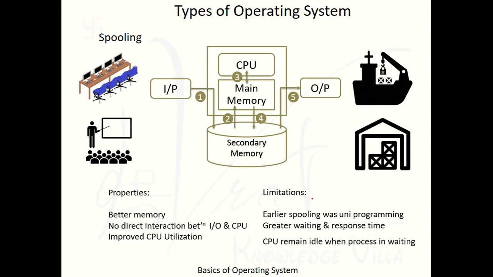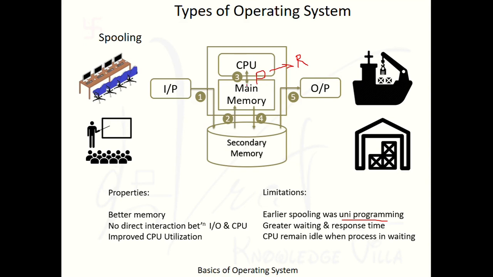Next, CPU remains idle when process is waiting. As we have discussed, due to uniprogramming, whenever a process is in waiting state, only one process is in execution. But suppose this one process goes for another resource. Suppose that process does not require CPU and requires another resource.